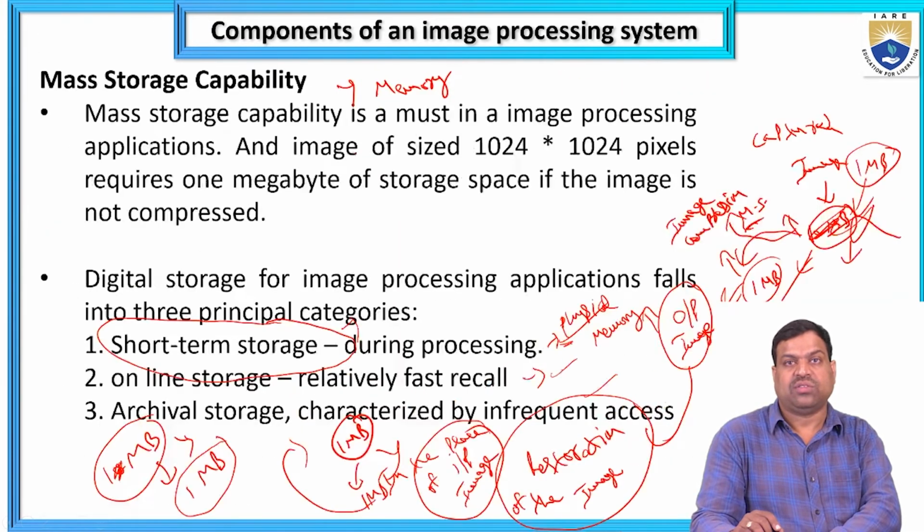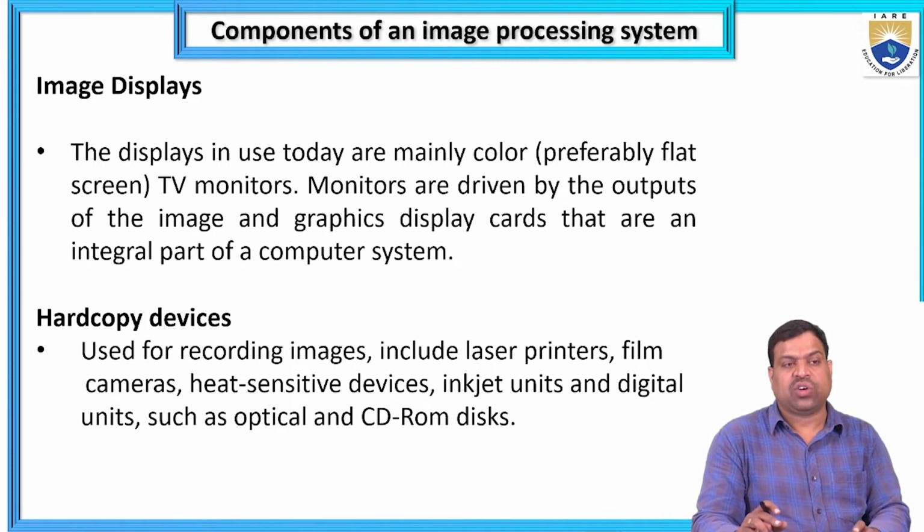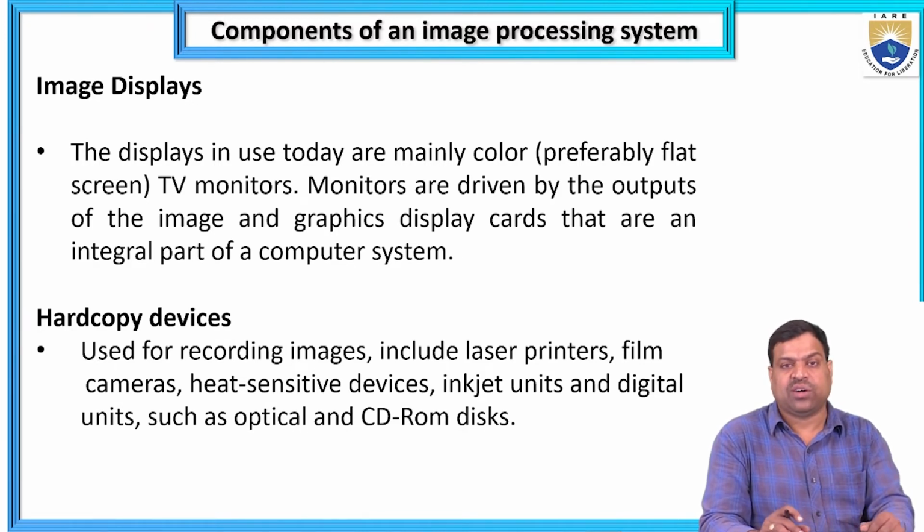Image displays in use today are mainly color, preferably flat screen. I have an image and I want to display it. The need to display the image is to find the colors, the background colors, the person's color or items' colors, whatever they may be.